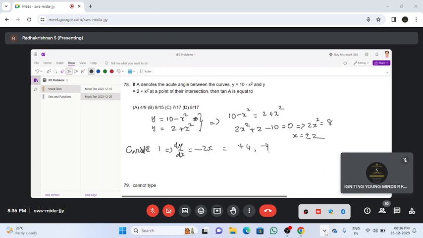So the curve one's slope of tangent can be plus 4 or minus 4. Similarly, curve 2, dy by dx equal to 2x. So you put plus or minus 2, you get plus 4 or minus 4. So basically one tangent is plus 4 and the other is minus 4.